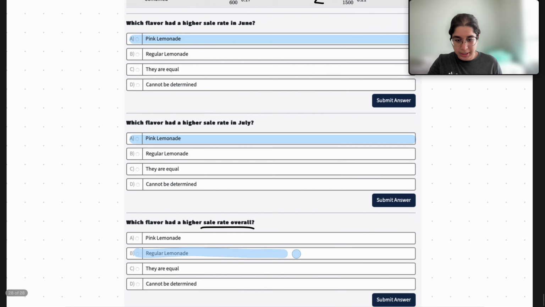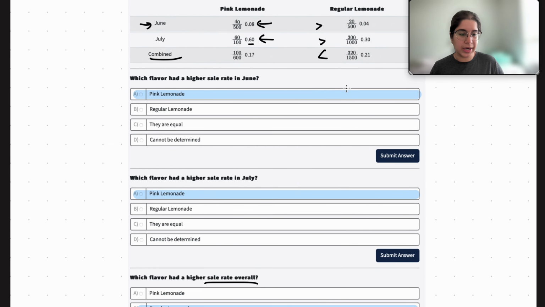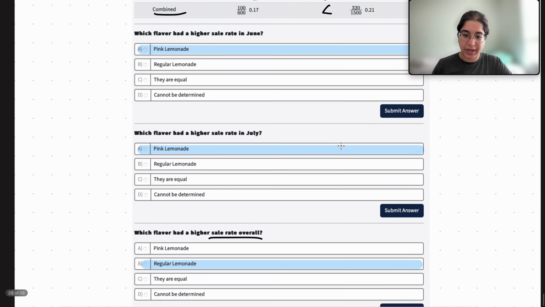Now, you might be thinking that when we looked at these specific months, pink lemonade had a higher sale rate, so it was a better seller. But when we look at the combined totals, regular lemonade seems to have a higher sale rate.